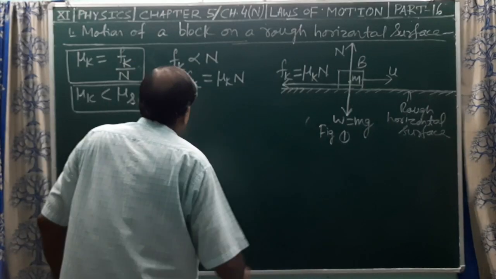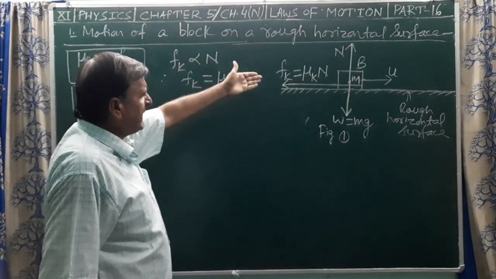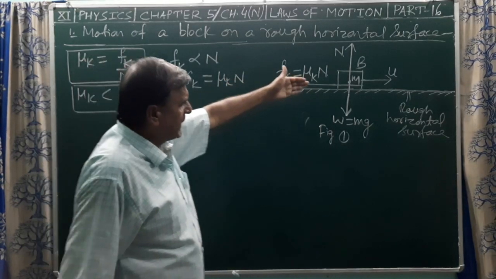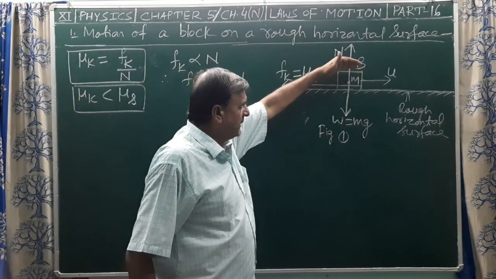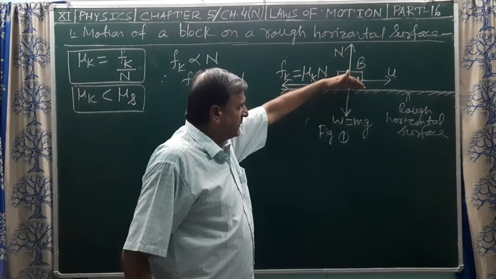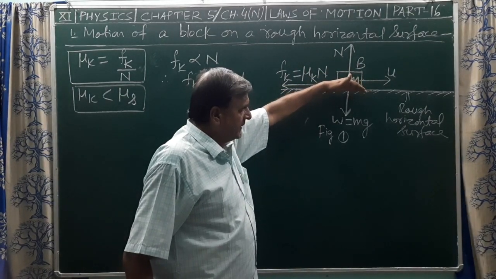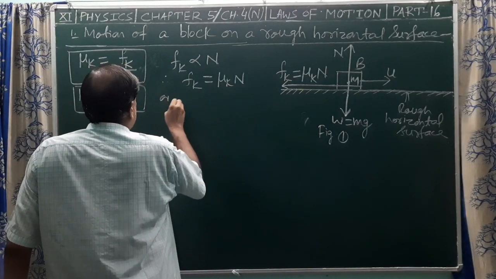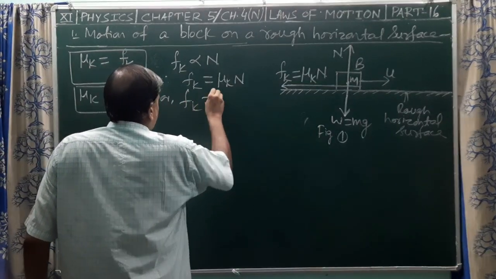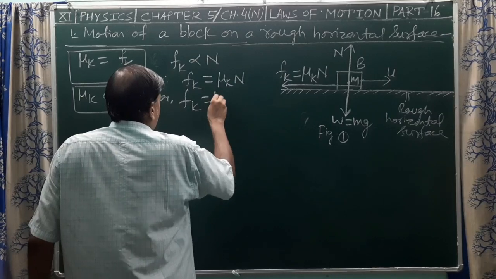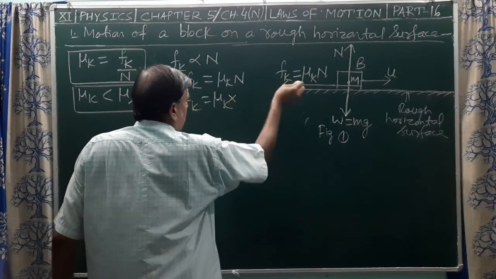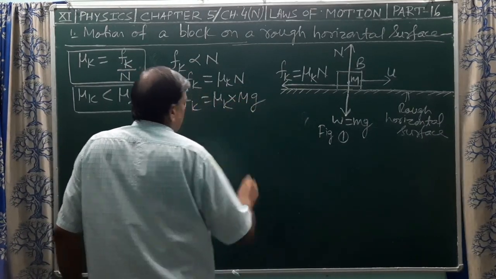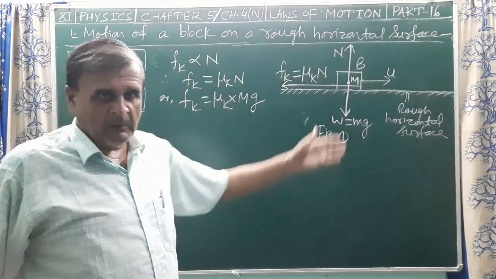So the coefficient of kinetic friction between the contact surface of the block and the rough horizontal surface can be written as mu k equals Fk upon n, where Fk is equal to mu k into n, and n is equal to mg. Normal reaction is equal to the weight of the block.